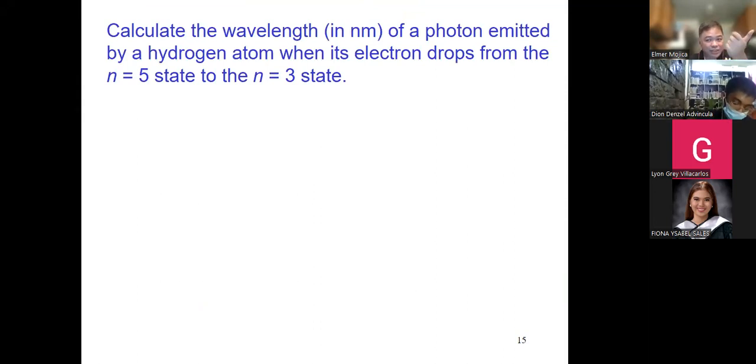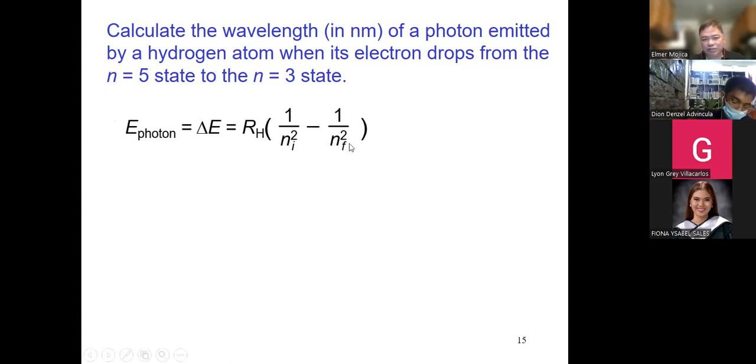Now you can have a problem like this. I don't usually emphasize this one, but the question that I will ask you here, what's the value of N here and what's the value of N here? It's just placing the 5 and the 3. So anong mangyayari dito? 5, 3 or 3, 5?